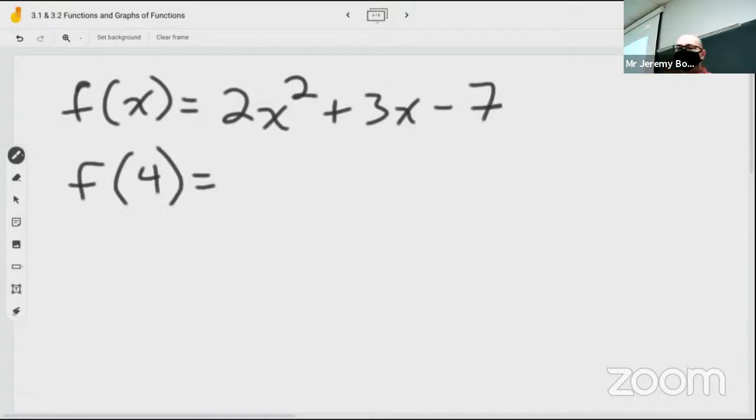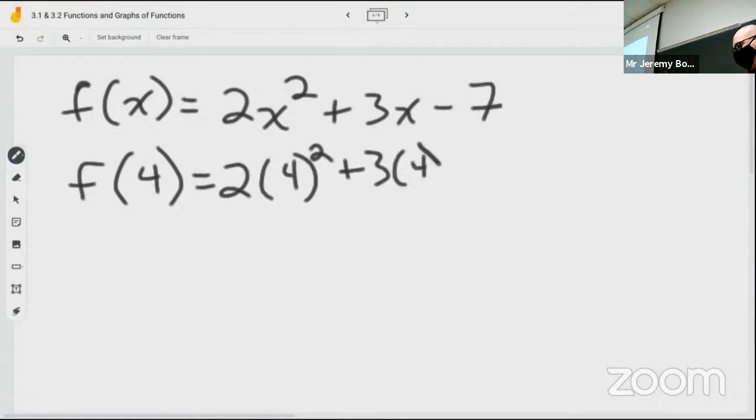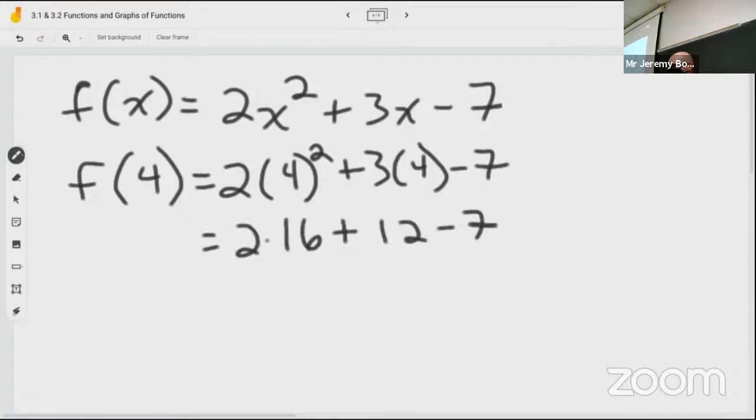What are we going to do there? We're going to plug in a 4. Everywhere there is an x, so it's going to be 2 times 4 squared plus 3 times 4 minus 7. And so what's going to happen there? Well, let's see. It's going to be 2 times 16 plus 12 minus 7.